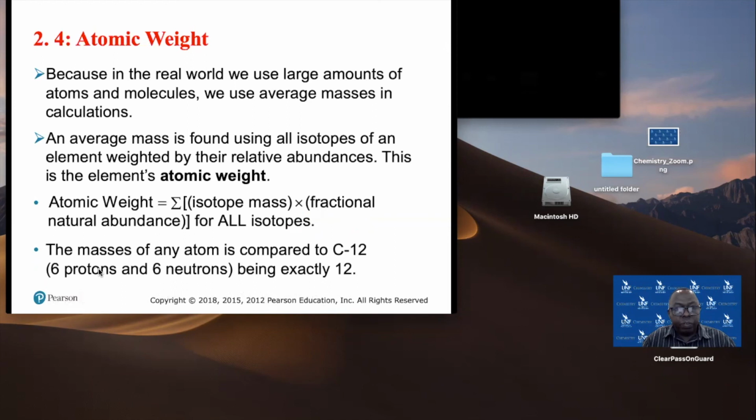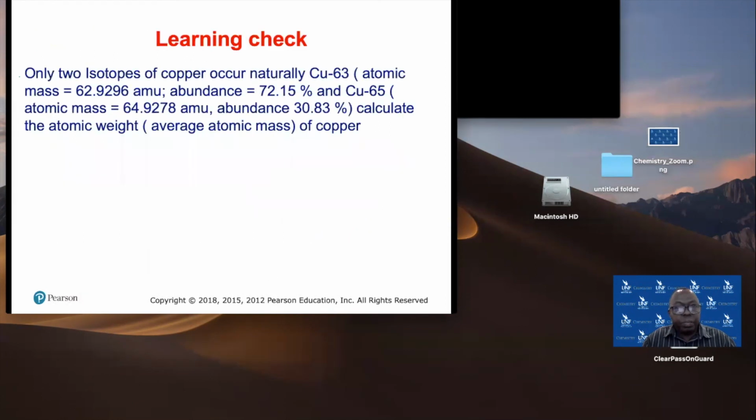Carbon 12, carbon 13, carbon 14. This is an example of how to calculate the atomic weight of copper using two naturally occurring isotopes.